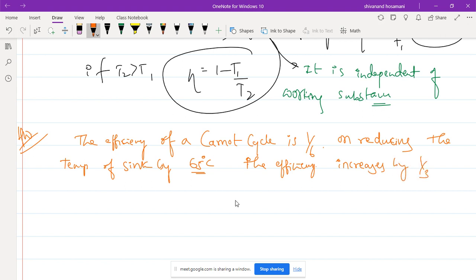Find the temperature of the source and sink.